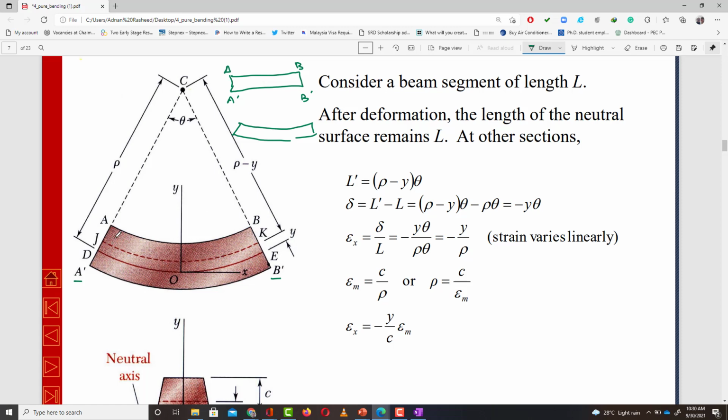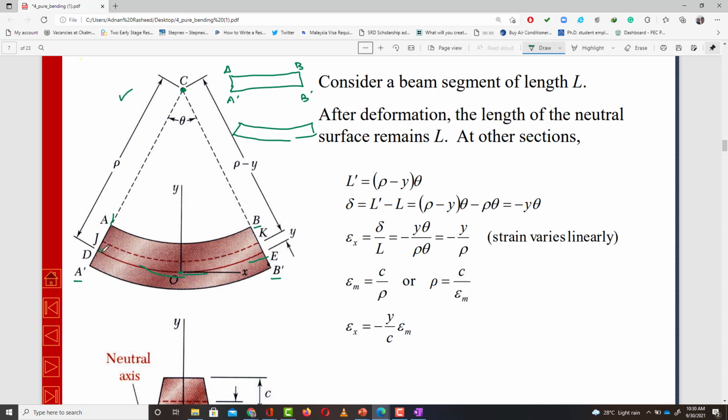We have already explained that there is a plane in between the upper and lower portion whose length did not change, and that axis is known as the neutral axis. So let DE be the neutral axis and this point O be the center. If you extend this line A dash A, and you also extend line B dash B, they will meet at point C, as shown in this figure.